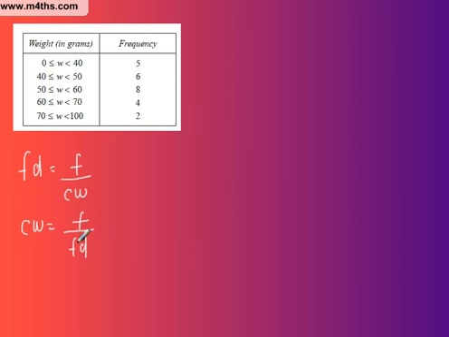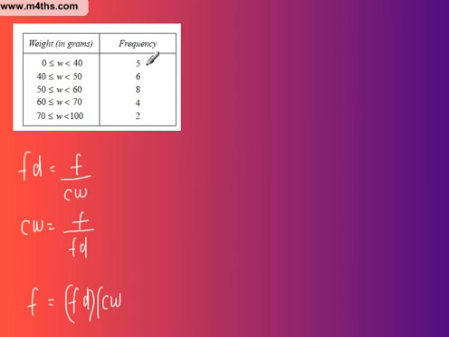And then frequency is the frequency density multiplied by class width. If you can remember these, the rest is fairly straightforward because you can just work them around. Even if you can't remember them, if you remember one, you can rearrange to find the others.